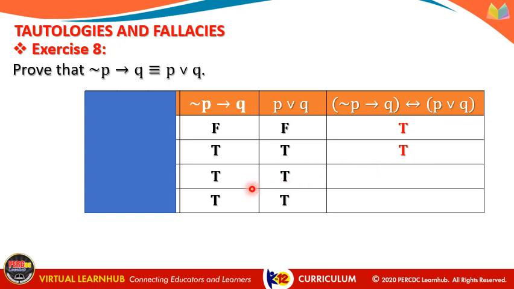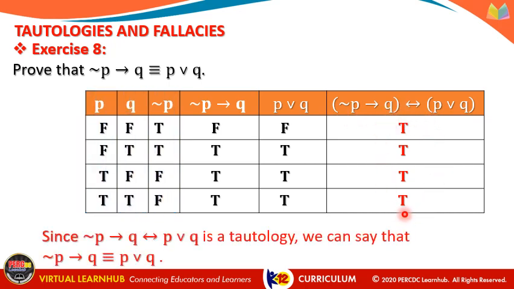True, true will give us true. And lastly, true, true will give us true. As you can see, the biconditional of the two propositions is a tautology. If that's the case, we can therefore conclude that this proposition and this proposition are logically equivalent.